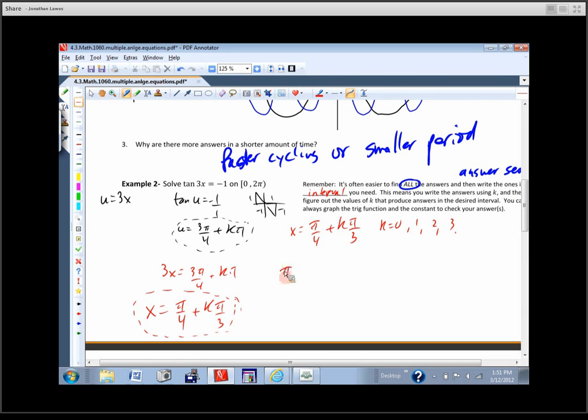So the first answer is pi fourths. Next answer, we're going to plug in a 1. So we've got pi fourths plus pi thirds. Got to get a common denominator. So that's going to be 3 pi twelfths plus 4 pi twelfths. So that's going to be 7 pi twelfths. That's the next one. How do we get the next one?